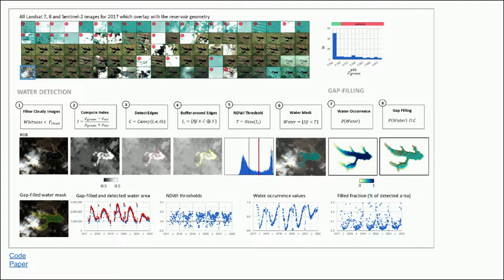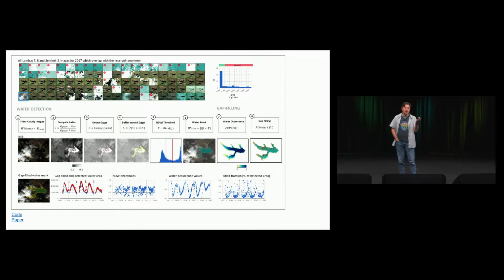I see that I ran a bit over time for this introductory part, but we will catch up in the next slide. Zooming in on how this algorithm works, it's quite sophisticated, with multiple steps involved. It takes every optical, multispectral satellite image and maps the water we can see.